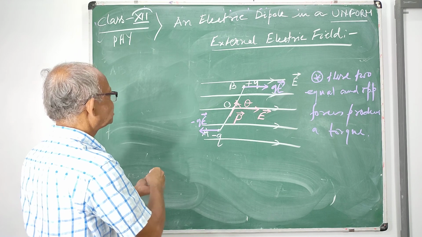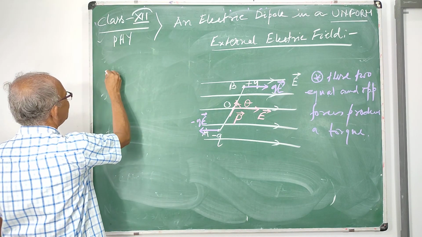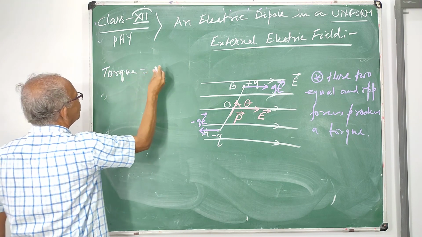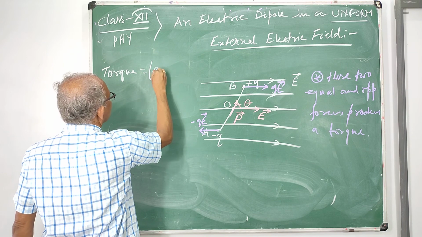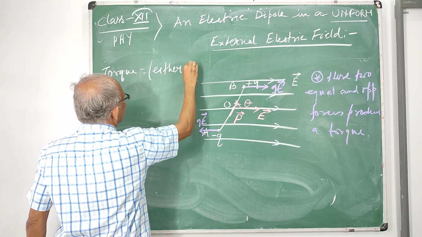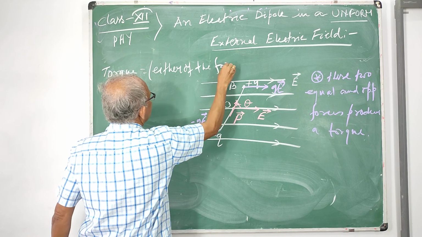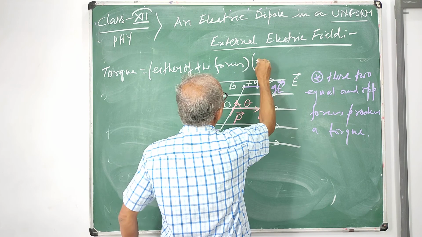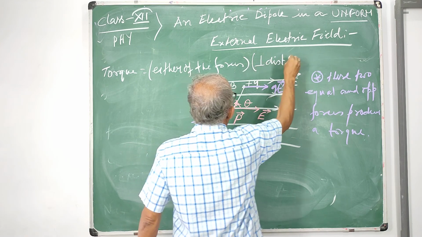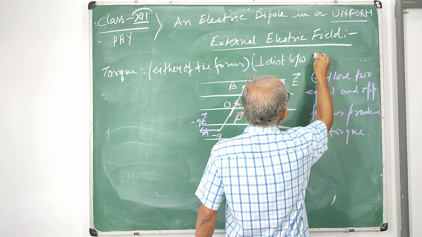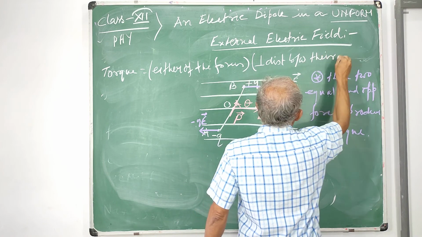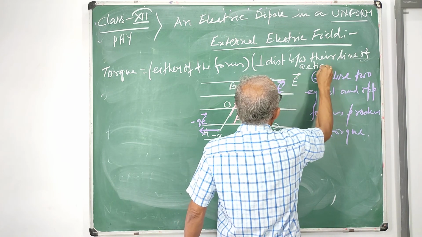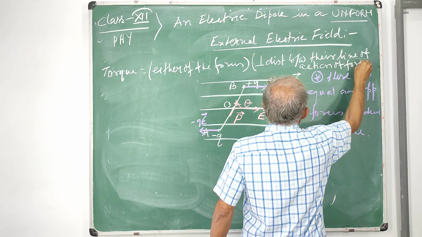So what is the value of torque? We know that torque equals the product of either of the forces multiplied by the perpendicular distance between their lines of action of force.